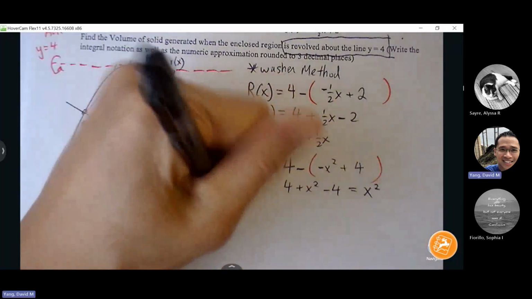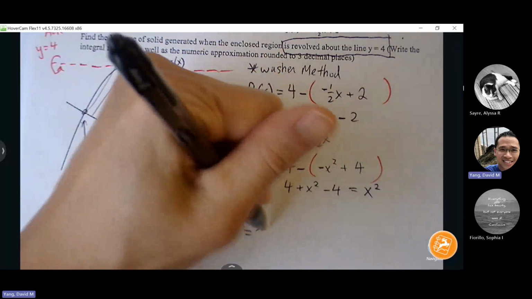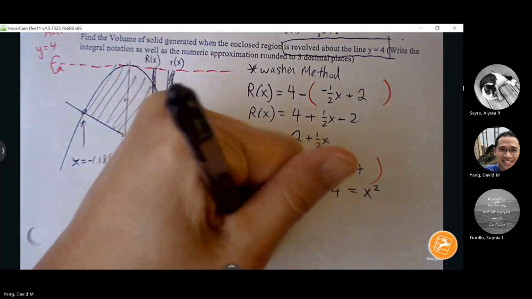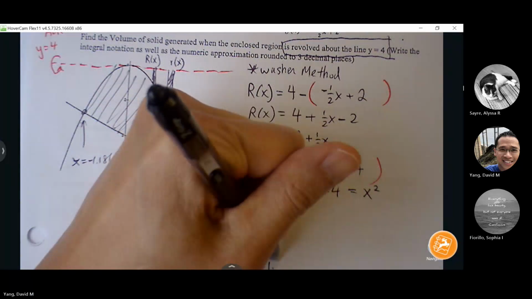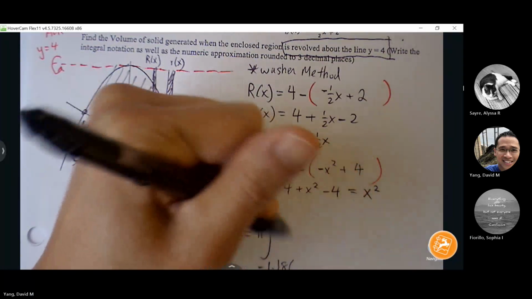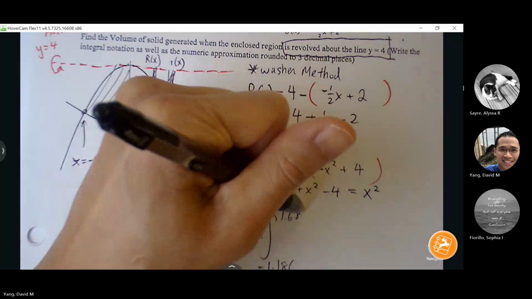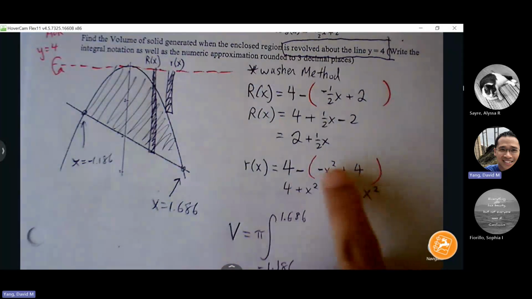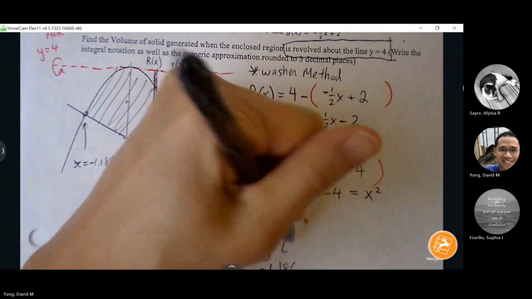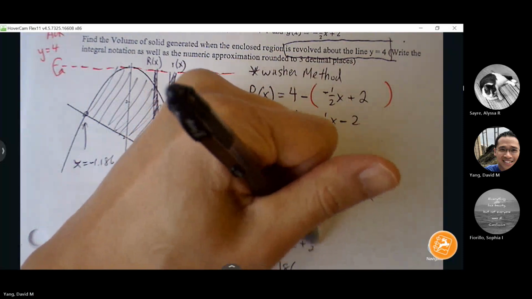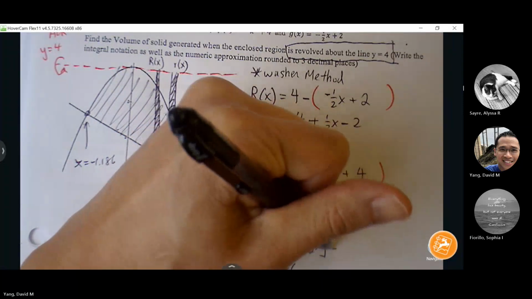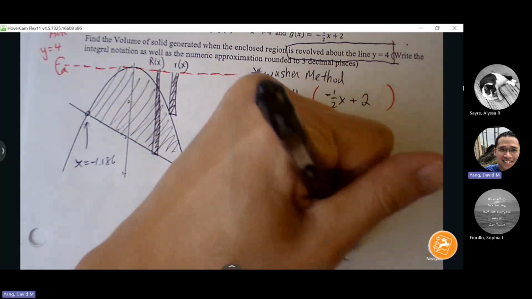Okay, put everything together here with washer method. Big radius squared minus little radius squared.